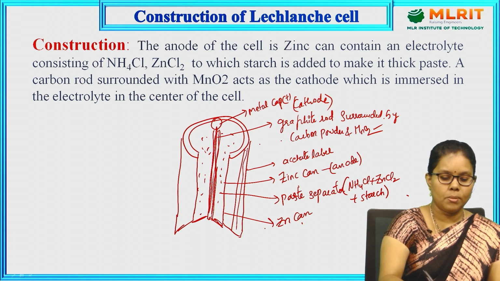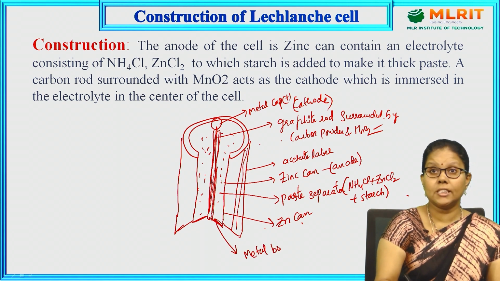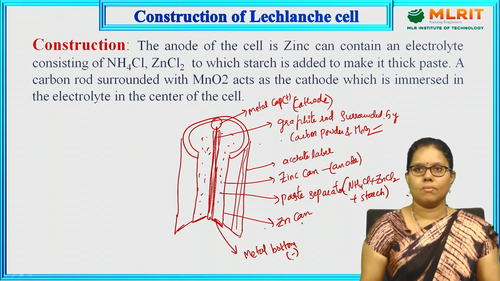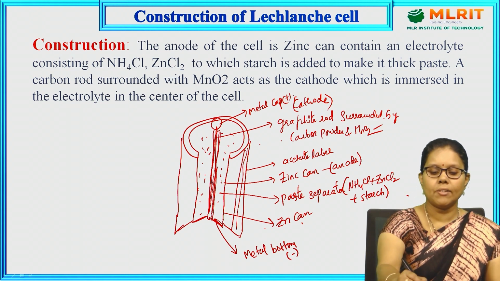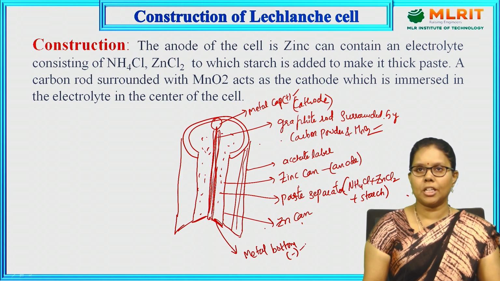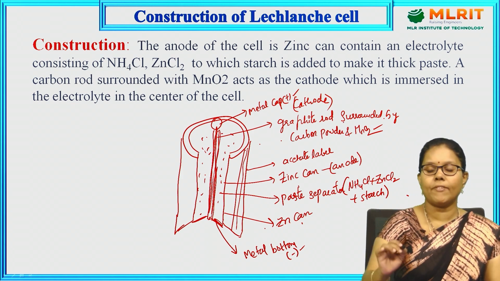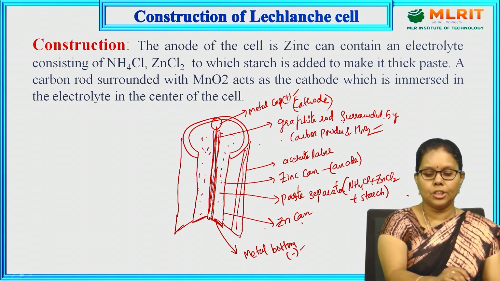At the bottom it has a metal base, which is negative. At the center it has a graphite rod surrounded by carbon powder and manganese dioxide, and the zinc can.